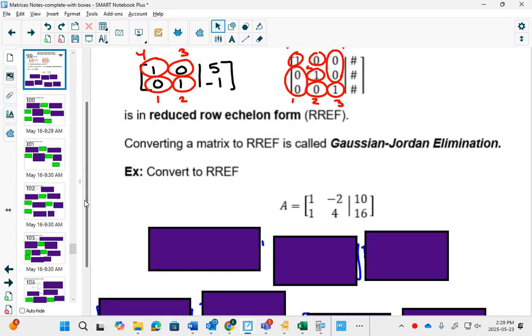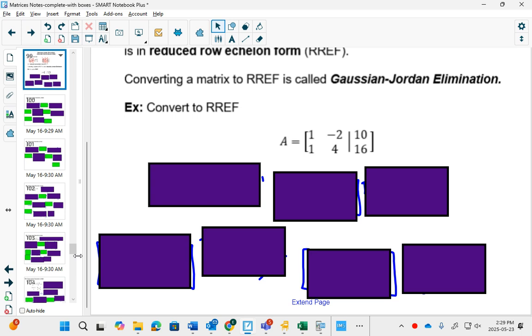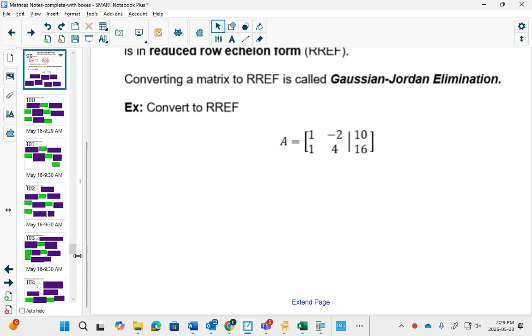So if we look at this first example, ooh, and I just feel like doing it. Okay. You have your matrix A. First step, we want to get this to be a 0. So I'm going to change row 2. What am I going to make row 2? Maybe I do row 2 minus row 1.